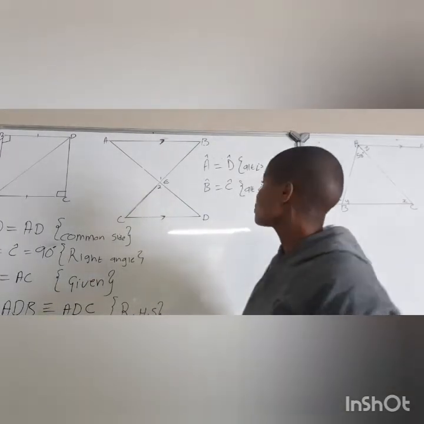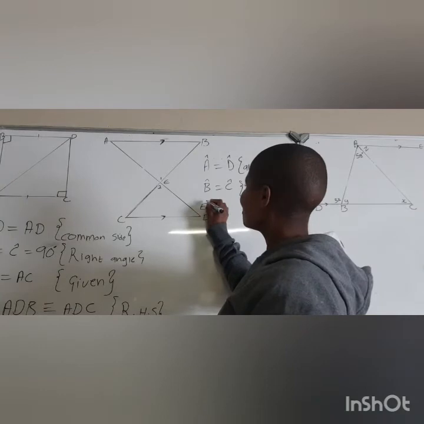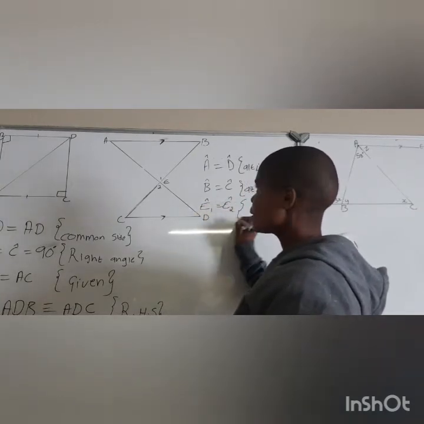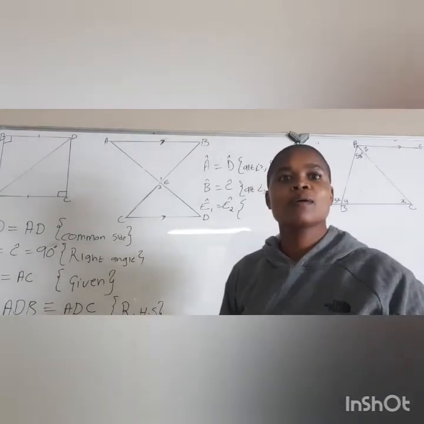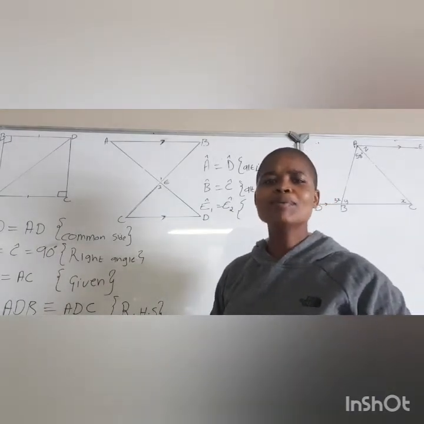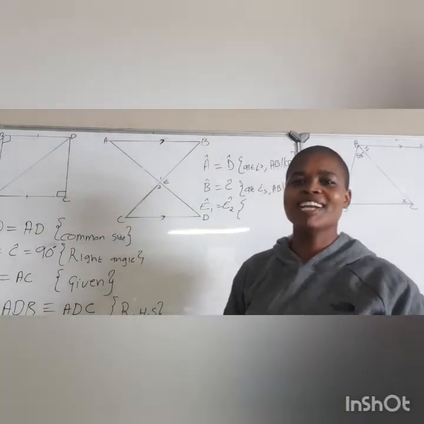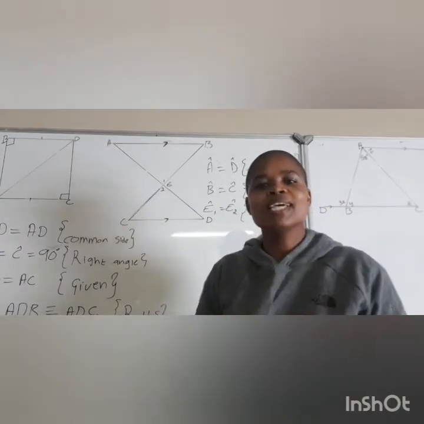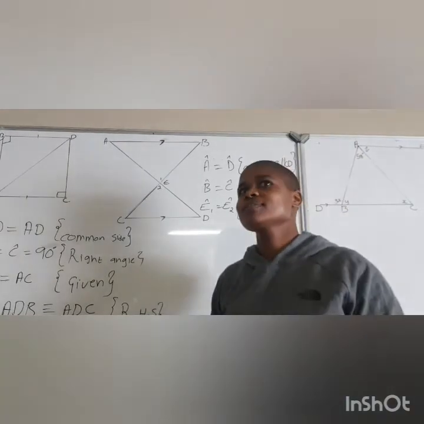E1 is equal to E2. Well, Nana, good. E1 is equal to E2. Your reason? Common. How is it common? Okay, sharp. But then you can give me a better reason than common.